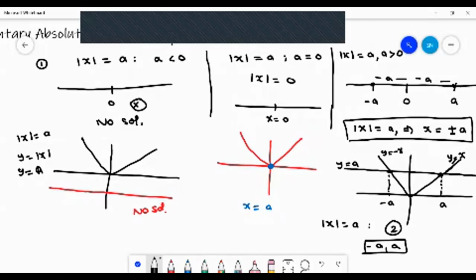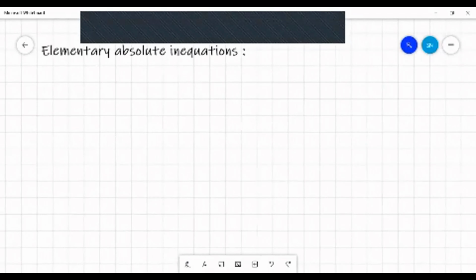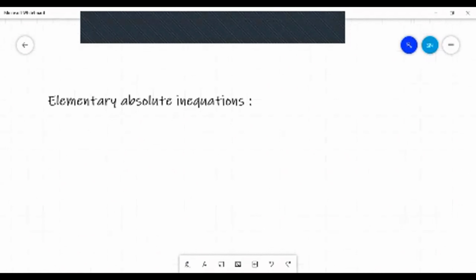So now coming to the second point regarding equations and inequations. Elementary absolute inequations. In this case, modulus of x, again I will check modulus of x is less than or equal to a.